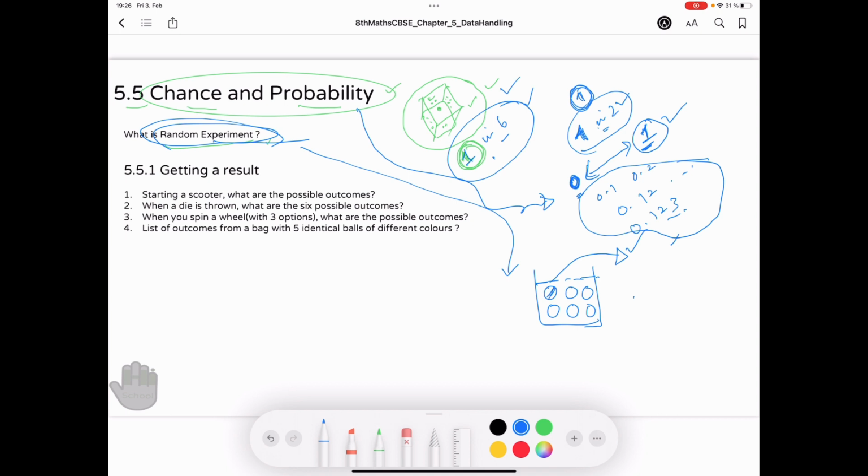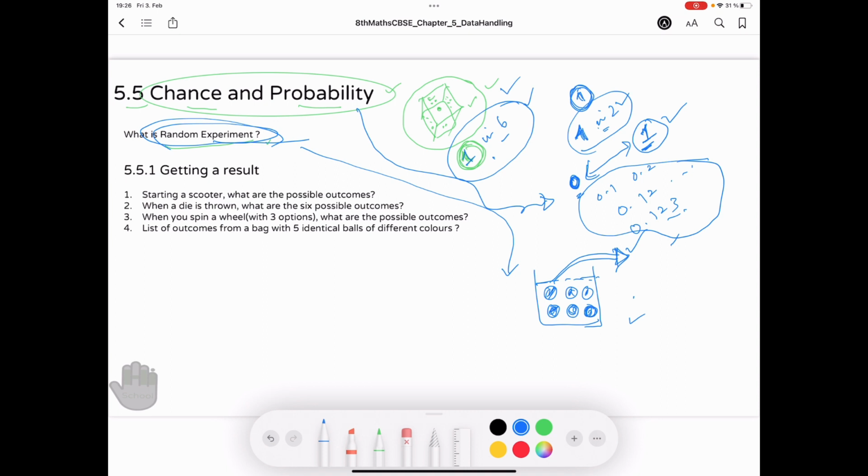But we know for sure that all the coins in this box are 1 rupee. So then it's not a random experiment. Definitely when we pull out a coin from this box, it is going to be a 1 rupee coin. So there is no chance going on, no randomness in this event.